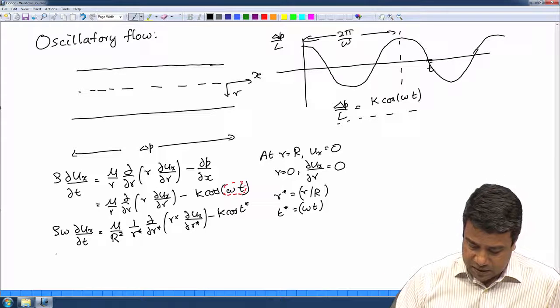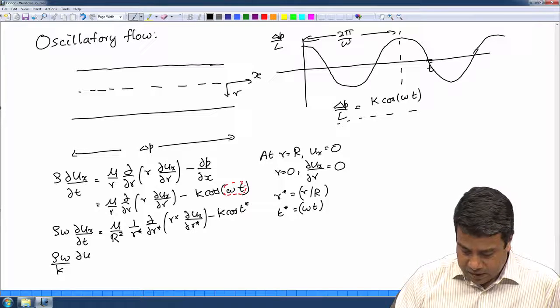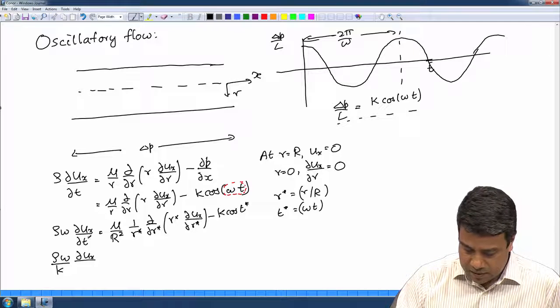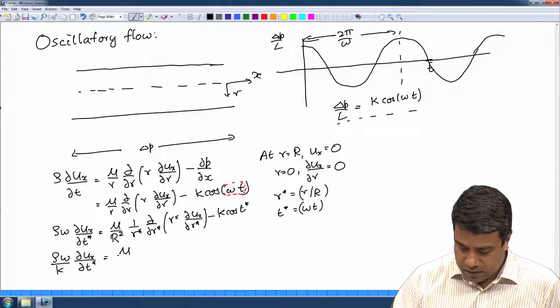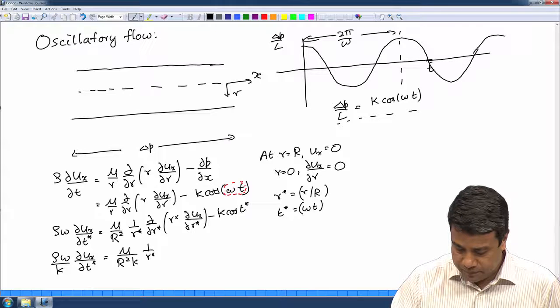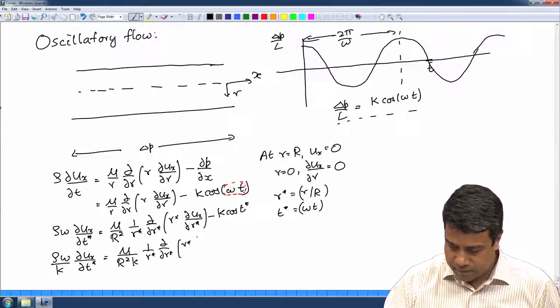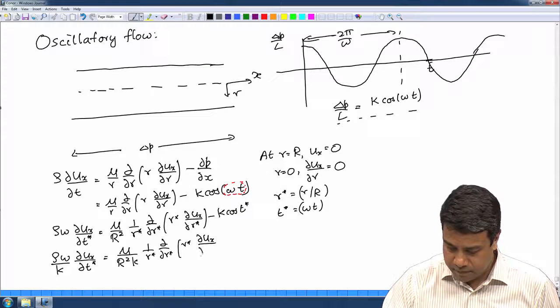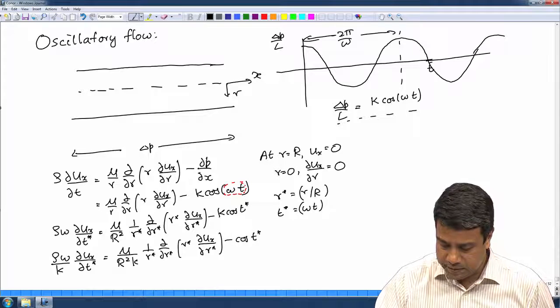So I will get rho omega by k partial u_x by partial t star, equal to mu by R square k times the viscous term, minus cos of t star.